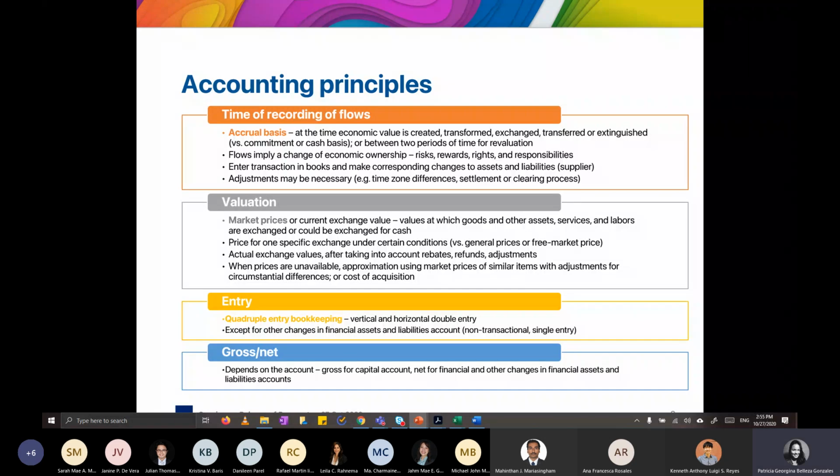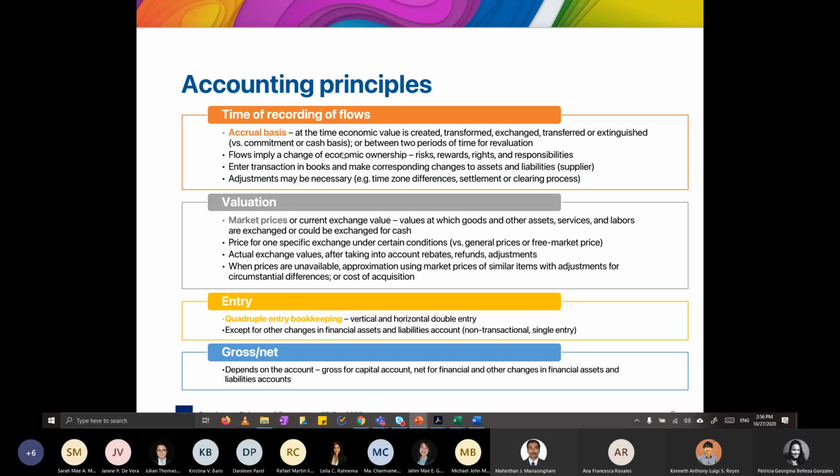For the accounting principles, this is generally the same as the principles with the current account. I just thought it was worth mentioning again. Regardless of whether an item belongs to the capital account or the financial account, the time of recording of flows is on an accrual basis, meaning it is recorded at the time the economic value is created, transformed, exchanged, transferred, or extinguished.